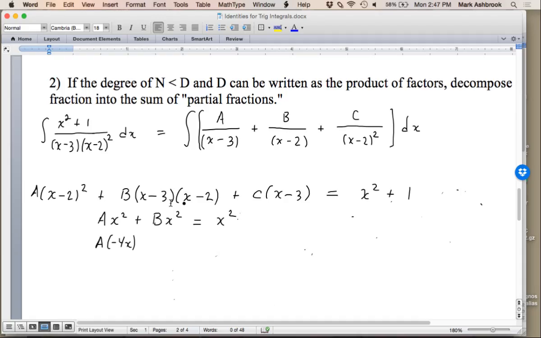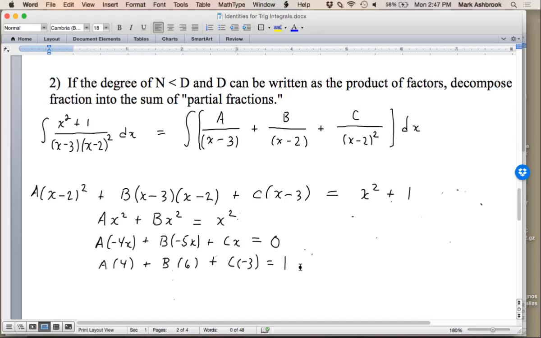Here we're going to have minus 5x. And then what do we have for c? We have just x, right? And then how many x's do we have on the right? 0 x's. And then constant terms. What constant term do I have here? 4. 6. Minus 3. And those have to equal 1.